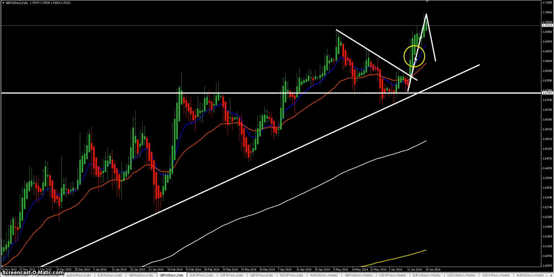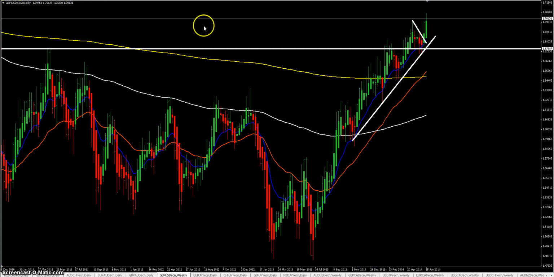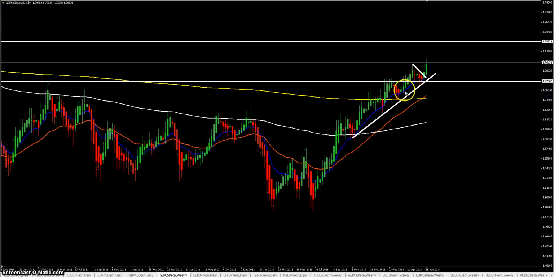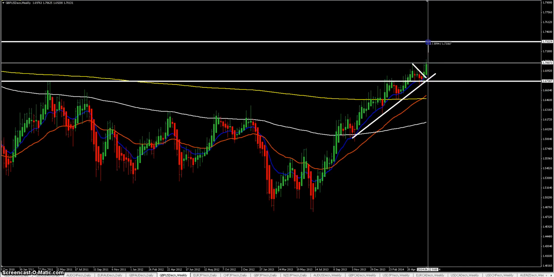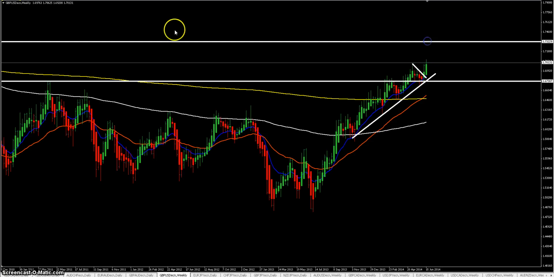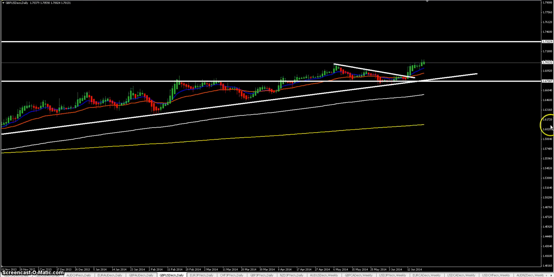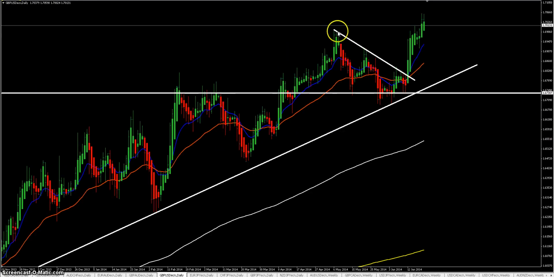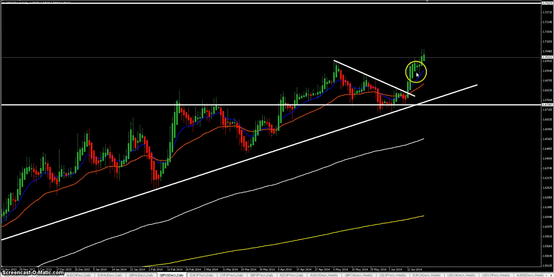On the GBP US dollar, if you check the weekly chart, we can see that we have an uptrend. Price confirmed weekly 1 to 3 again, bounced from support, moved up. Major resistance is around 300 plus pips away. If you check the daily chart, price broke that daily trend line, created a higher high.